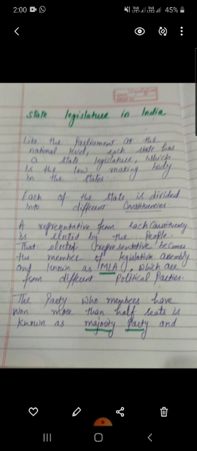A representative from each constituency is elected by the people through the process of election. That elected representative becomes a member of the Legislative Assembly, also known as an MLA, and comes from different political parties. The party whose members have won more than half the seats is known as the majority party, and that party is called the ruling party.